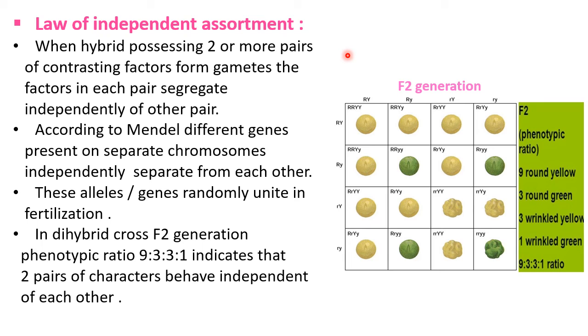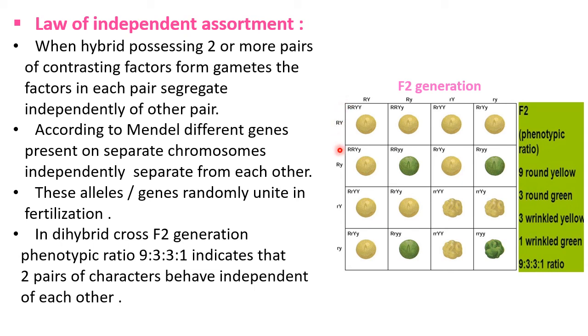Then these hybrid plants were allowed to self, or selfing of these F1 hybrids was carried out, and in the F2 generation equal numbers of male gametes and female gametes were produced. These male gametes united with female gametes and produce a total of 16 combinations.